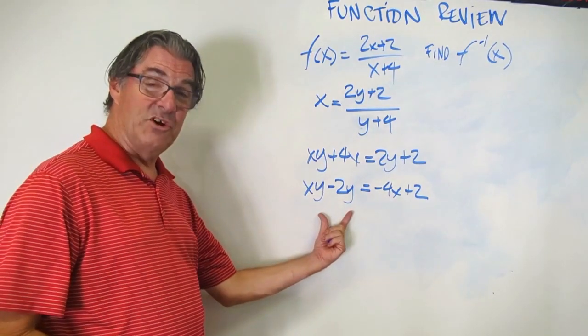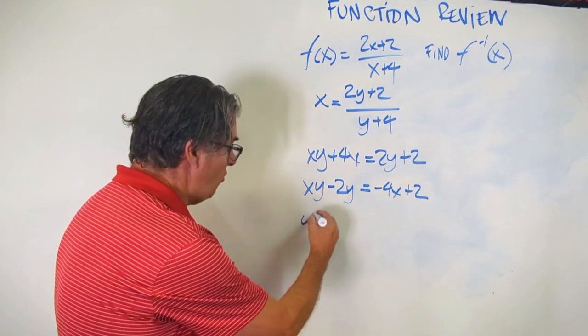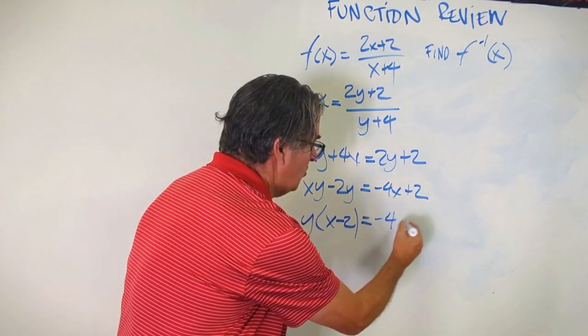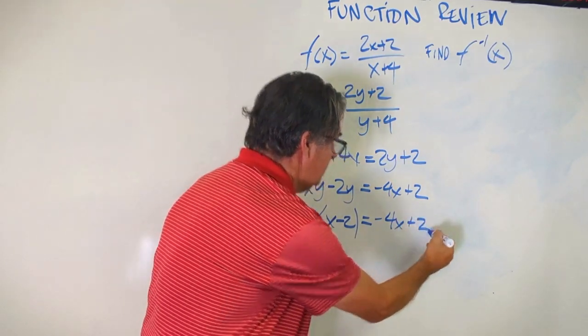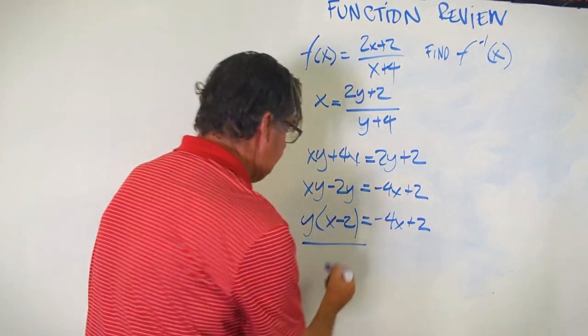Since I have two y terms, I can't quite divide it out yet, so I need to factor this. So I'm going to have y times x minus 2 equals minus 4x plus 2. Now I can divide by my x minus 2.